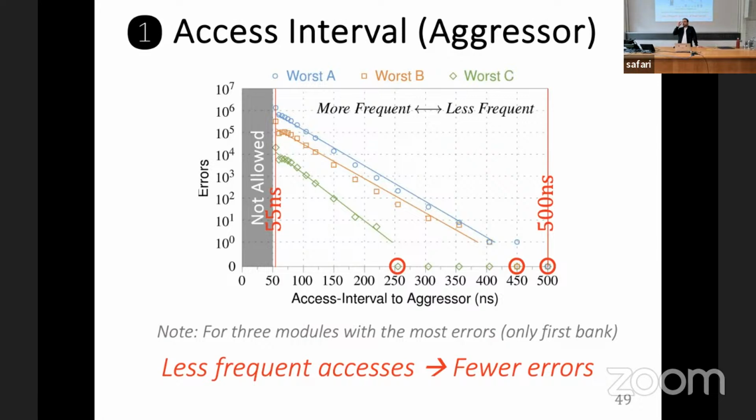In DDR4, if I remember, the timing constraint is around 46 nanoseconds. Is that correct? Maybe Ismail can confirm. tRC for DDR4. I think I also saw 46.2, something like that.